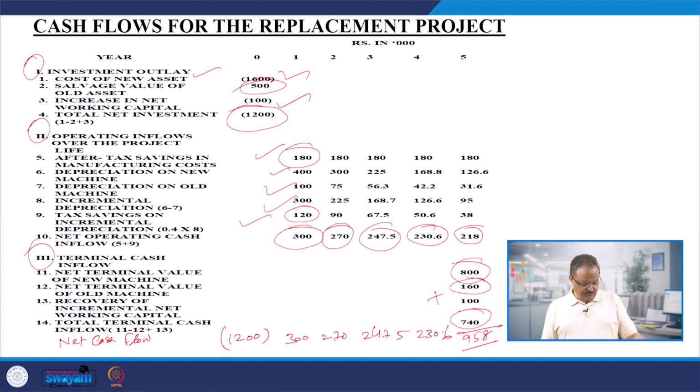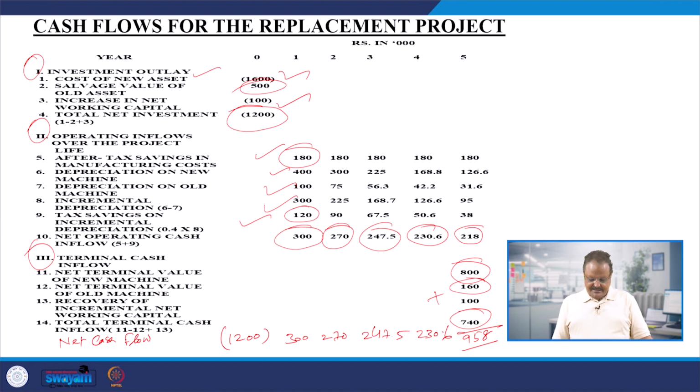And finally, for calculating the net cash outflow, you will be taking the finally adjusted value of the new machine against the old machine. Inflow also, the adjusted value of the new inflows coming from the new machine after adjusting the inflows from the old machine for all the operating years. And the same will happen in case of the terminal value as well.